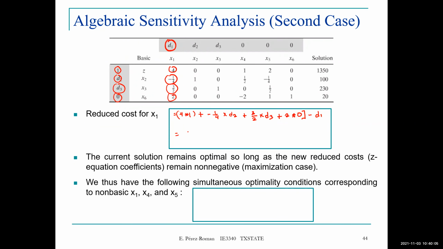So this is going to be equal to 4 minus 1/4 D2 plus 3/2 D3 minus D1.